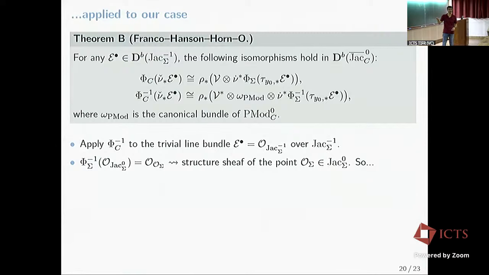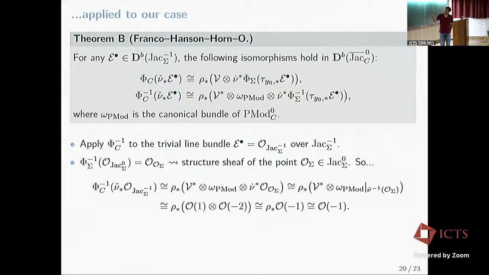This is how classical Fourier-Mukai transform works, okay? So I'm transforming a line bundle over the Jacobian that gives me a sheaf supported only at this point. So now let's apply this formula to this guy. From this line, we just saw that here we have a structure sheaf of this point.